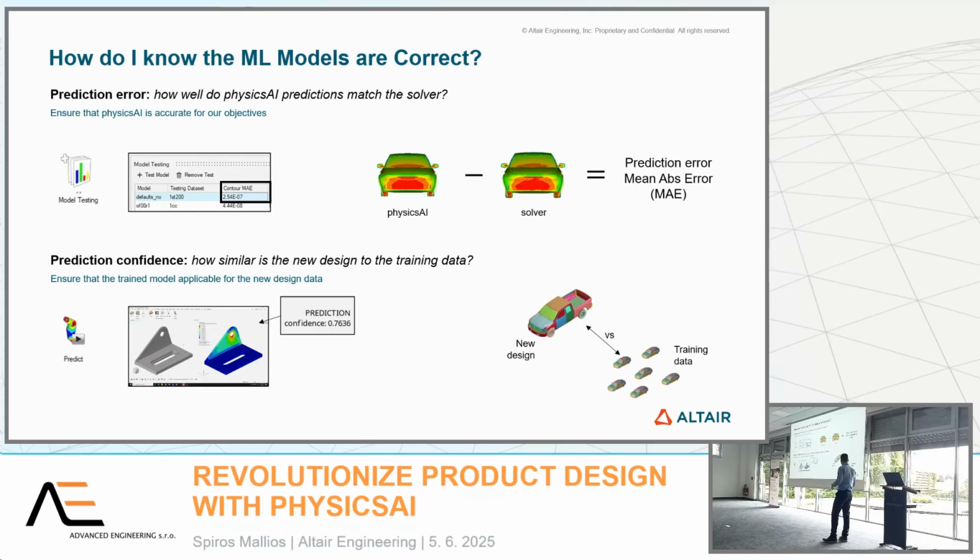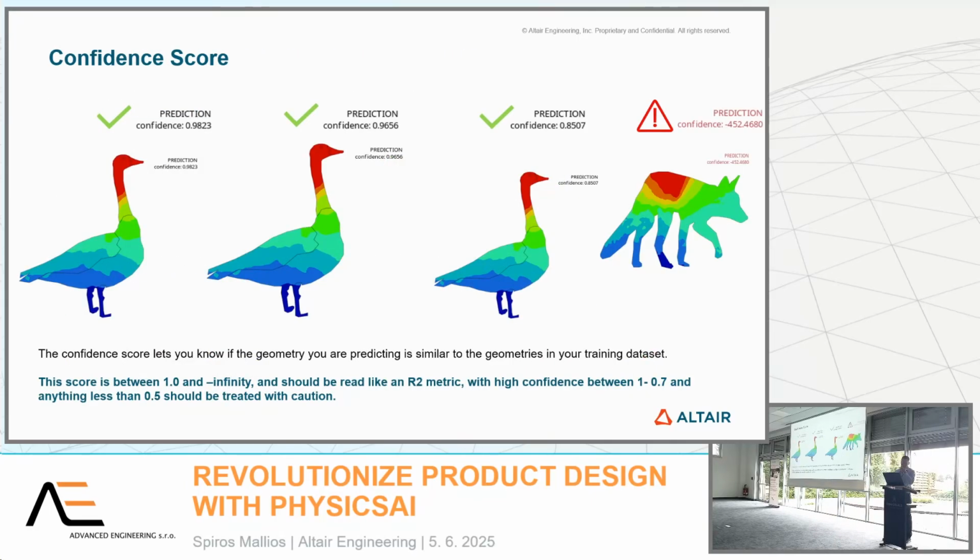What we typically say is that whatever is above 0.7 is a good metric, and you can trust the new prediction. So this is a nice visual here.